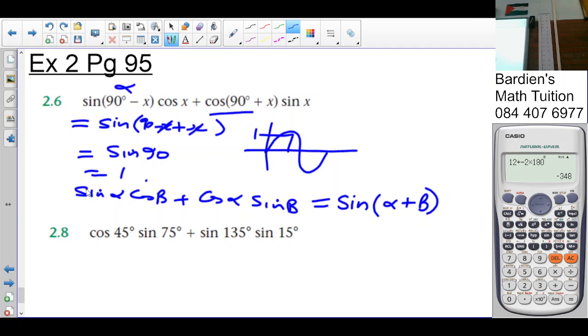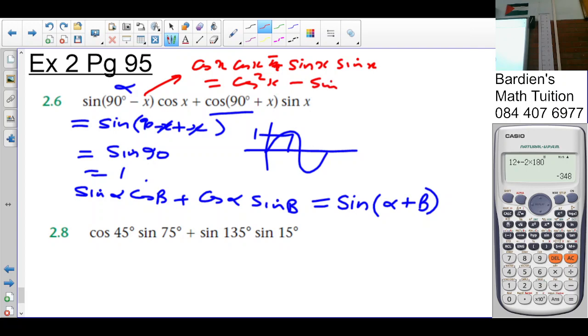Otherwise, if we change this, let's just check something. If we change this, that can be written as cos x, cos x, plus, sine is actually minus sine x, sine x. So that's going to give you cos squared x minus sine squared x.